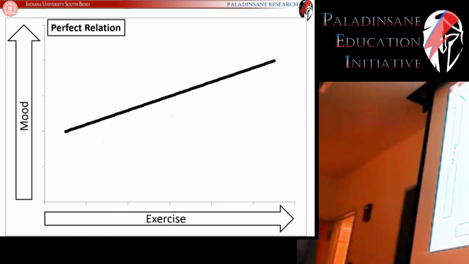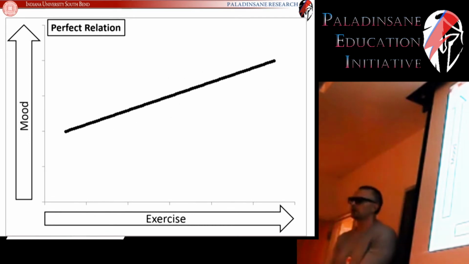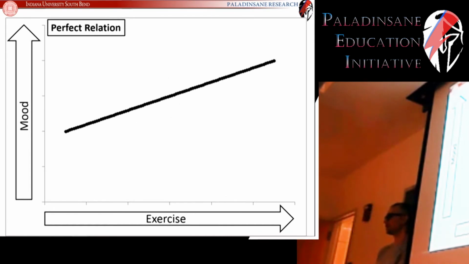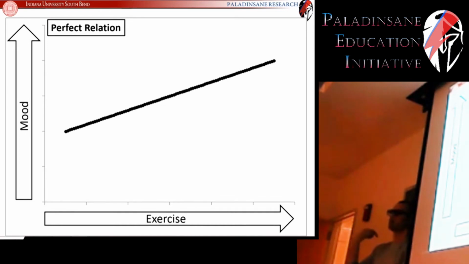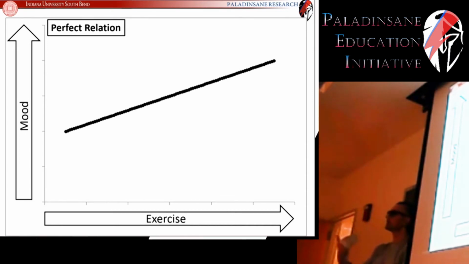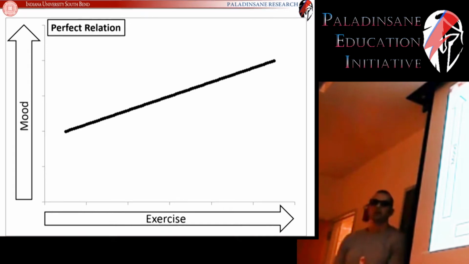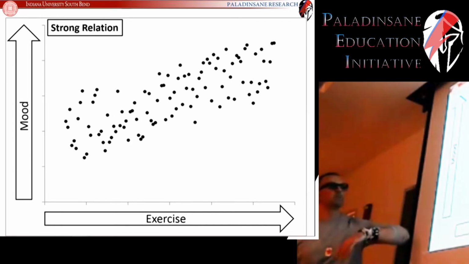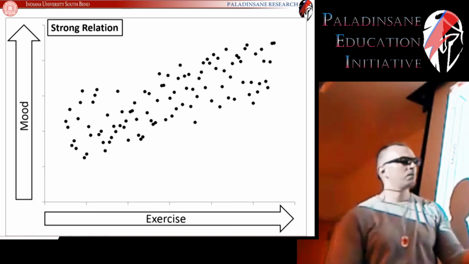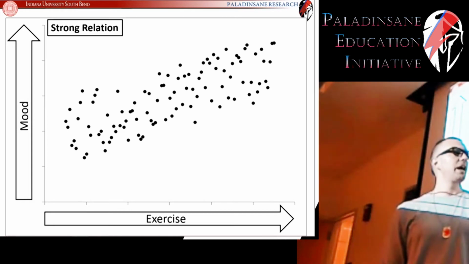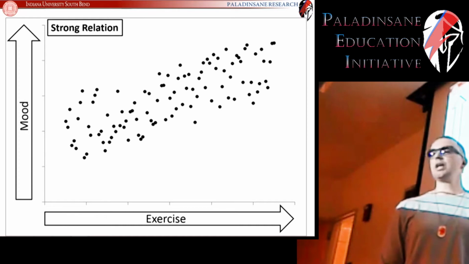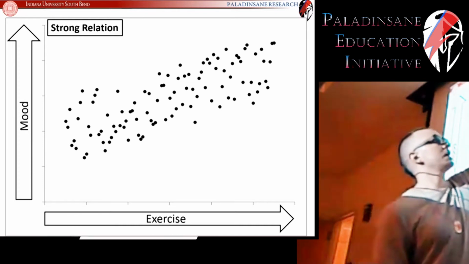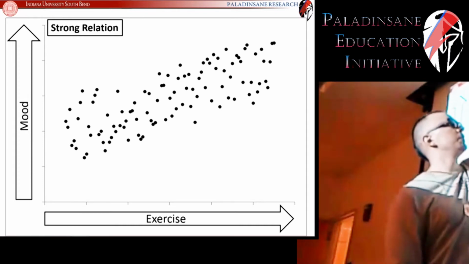And this would be the, you'll never find it in real psychology, perfect relation, where one predicts the other one perfectly. So in this case, there'd be a very strong relation between exercise and mood, where if somebody came into my office today and they exercise 5 hours a week, you would be able to tell me, oh, they have a mood within this range of moods, right?